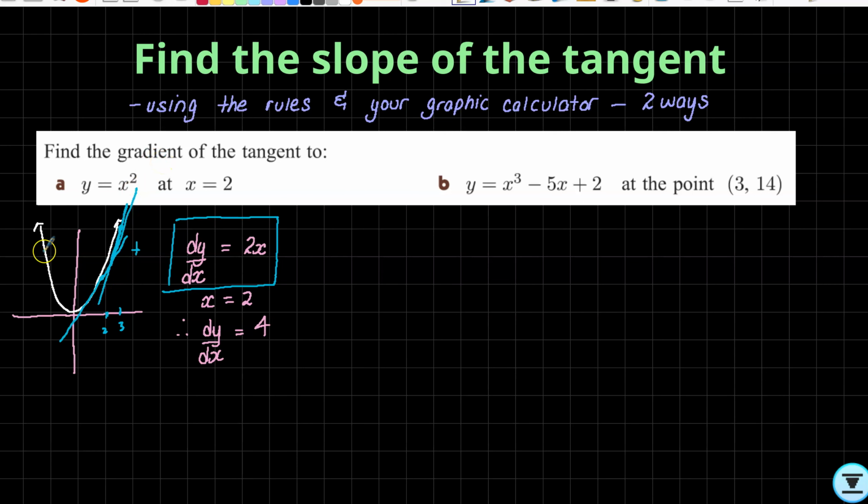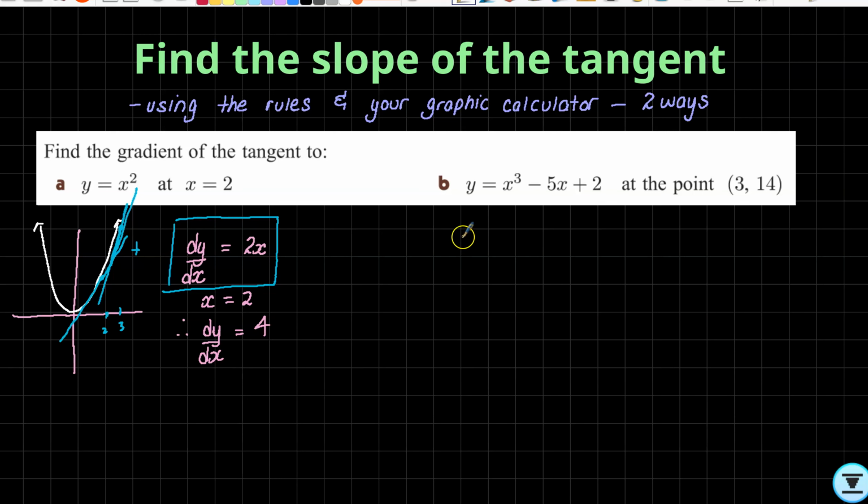If you wanted to know what it is on the negative side, let's say when x is minus 3, you sub that in. 2 times minus 3 is minus 6, which means it's a negative slope. So that makes sense. This is one of the reasons we love calculus. Okay, keep going.